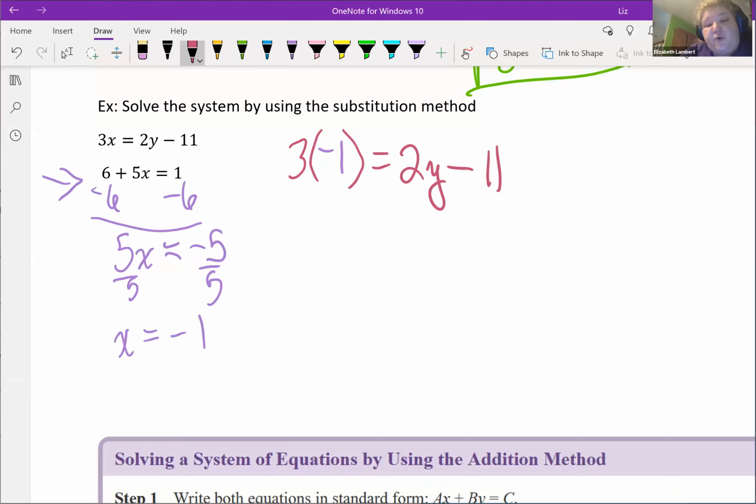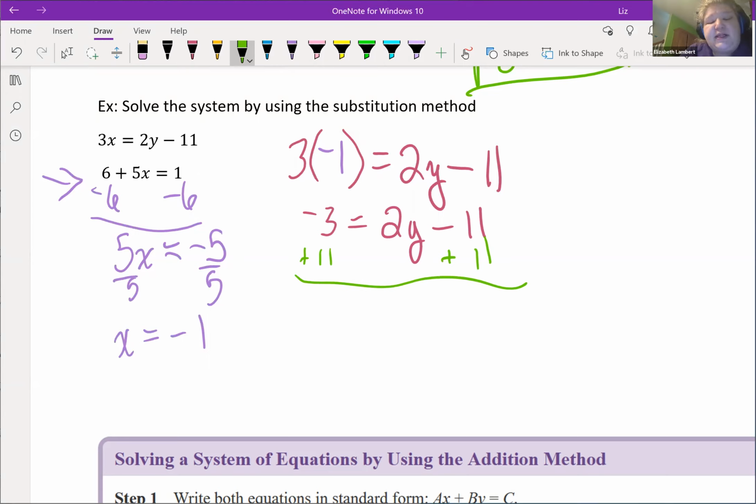So 3 times -1 is -3. All right, and then we add 11. So -3 plus 11, 11 minus 3 is 8. Yay, it's divisible by 2.